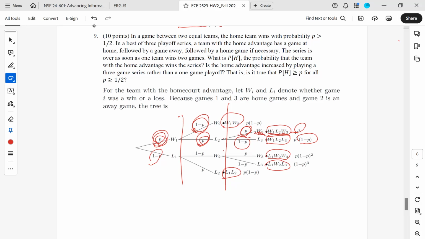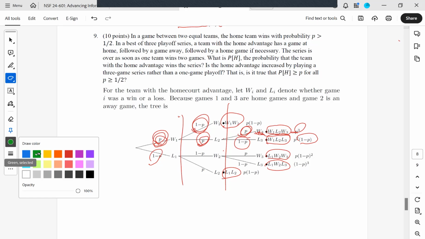Okay, so now we have the probability of each possible outcome for this game. Now, the question asks: what is the probability that the team with the home advantage wins the series? For winning the series, the team with the home advantage should have 2 wins. So we have to choose the elements within the sample space.